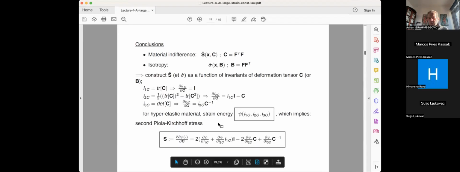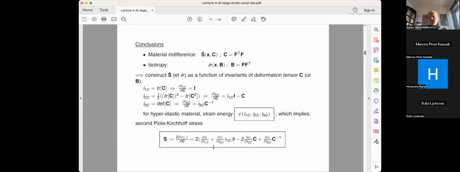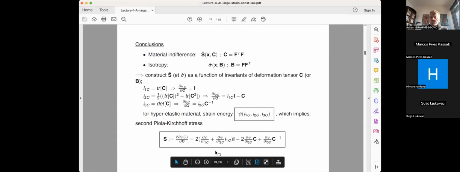And so when all is said and done, if I postulate the free energy in terms of the invariants of the tensor C, I can simply write that S is equal to the corresponding derivatives: the derivative with respect to the first invariant times identity, plus the derivative with respect to the second invariant times C, and then finally the derivative with respect to the third invariant times C to the minus 1.